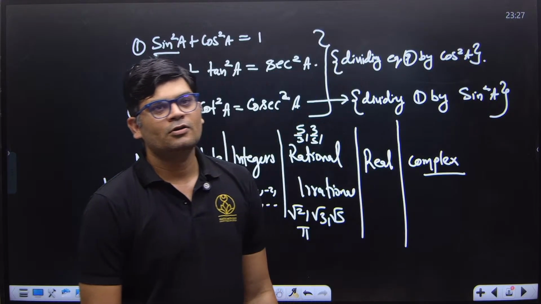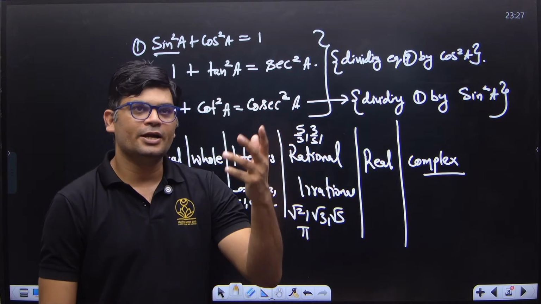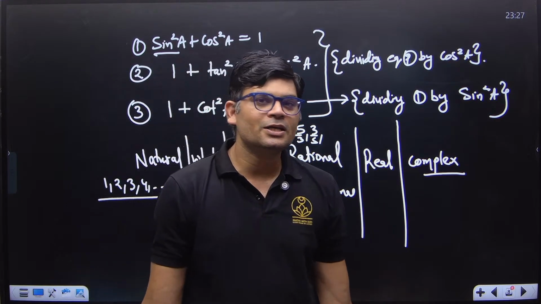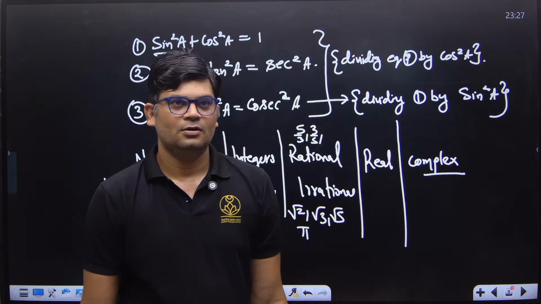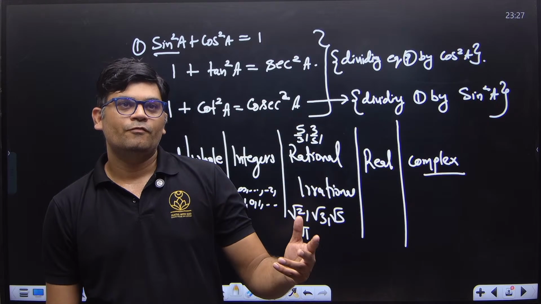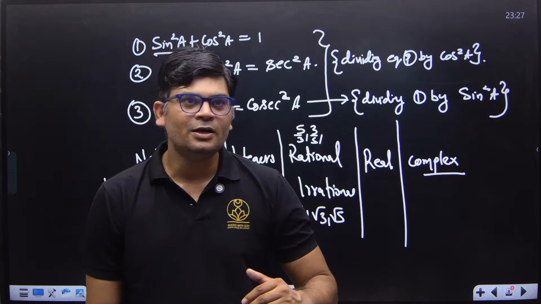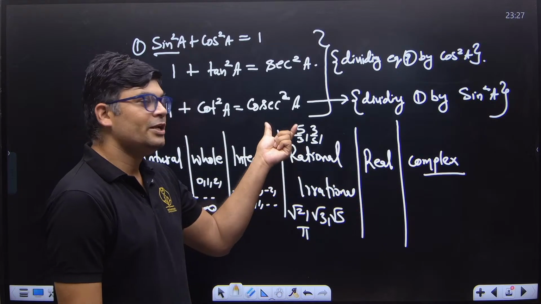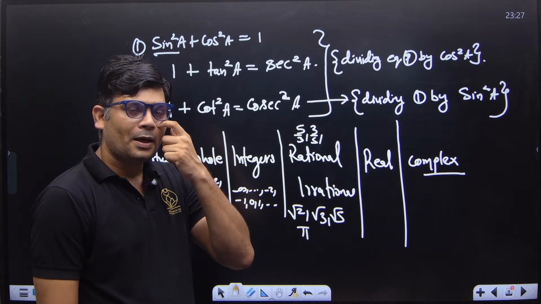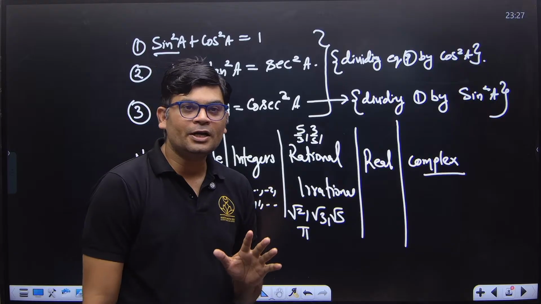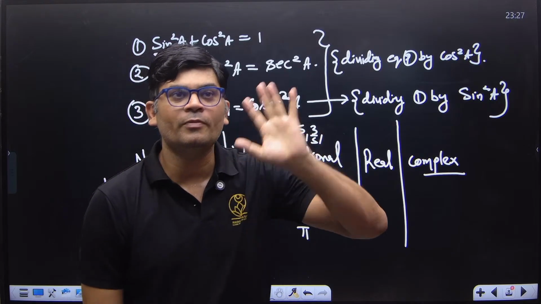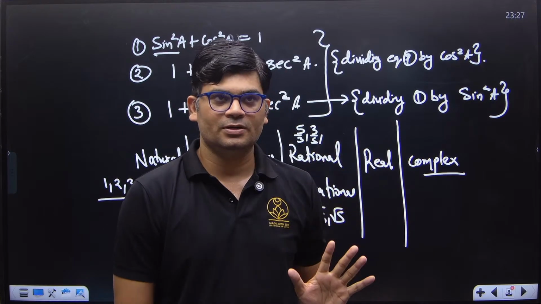Tell me any number of your choice. Let us say 40. 40 can be written as 40 by 1. Any number which can be written in the form of numerator over denominator is a rational number.